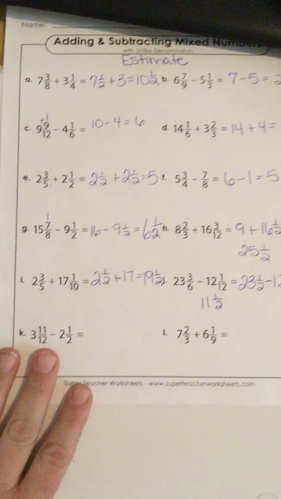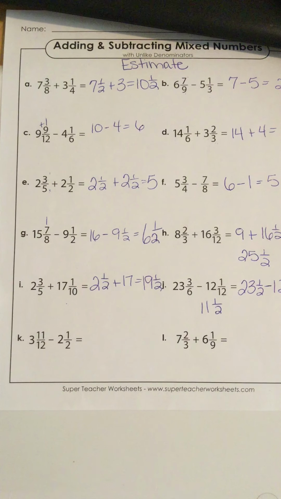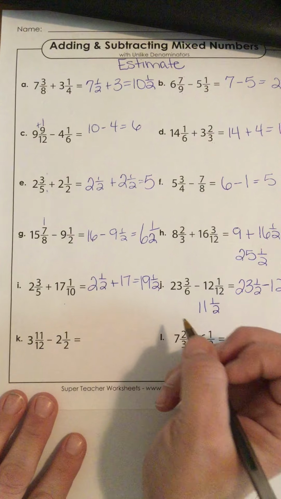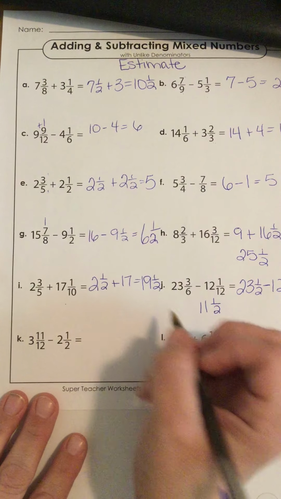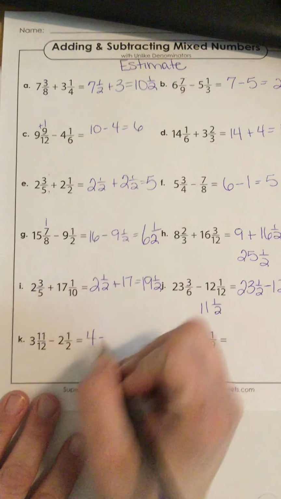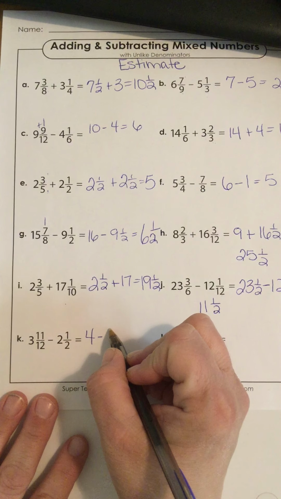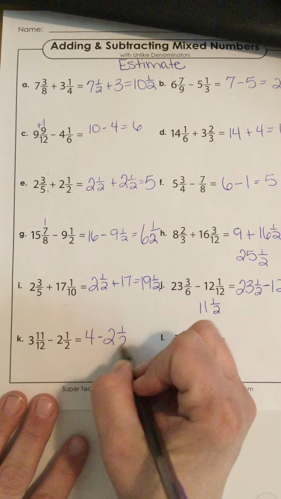All right. 3 11/12 minus 2 1/2. 3 11/12 is going to estimate to be 4. 2 1/2 is going to estimate to be 2.5.